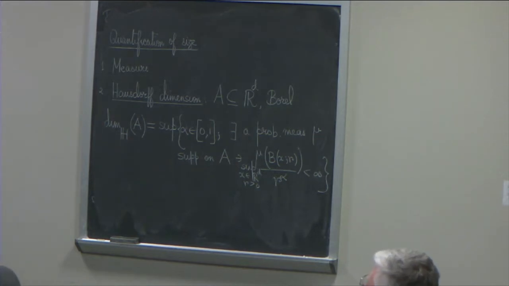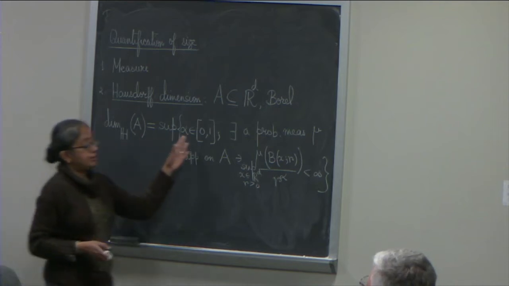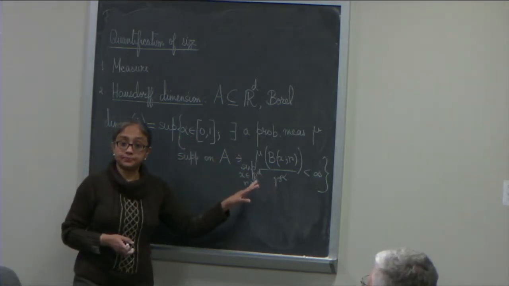The smaller your A is, the lower this object is going to be. As an extreme scenario, if you think of A being a singleton, the only probability mass that you can assign to it would be like a Dirac delta, and the only possibility for alpha there would have to be 0. Okay?